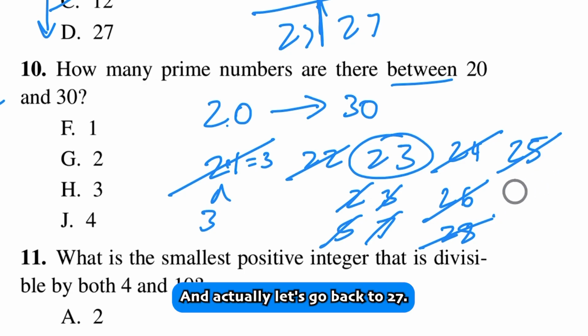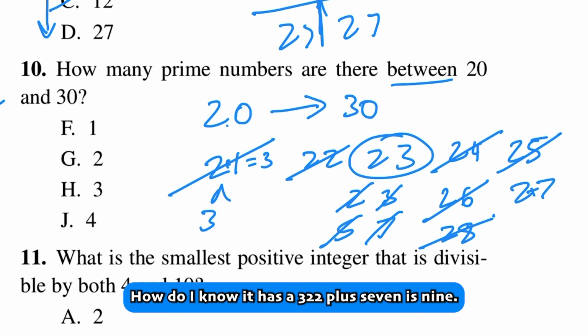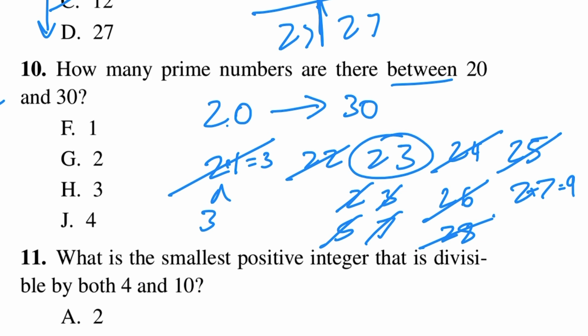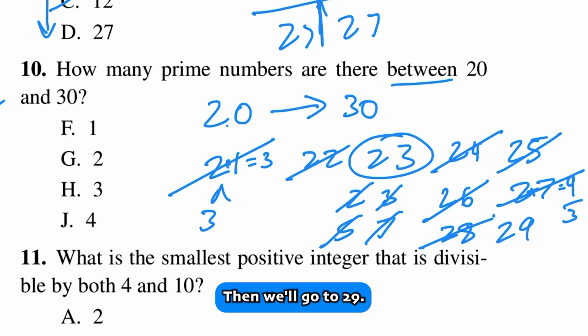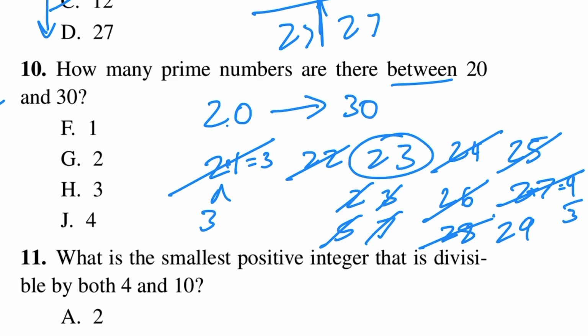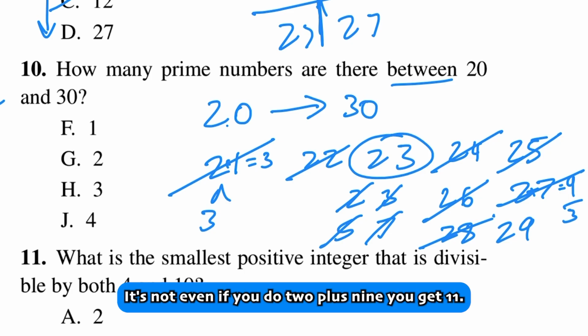And actually, let's go back to 27. How do I know it has a 3? 2 plus 7 is 9. So that is divisible by 3. So that's how I crossed that out. Then we'll go to 29. And 29, I don't see a 2.